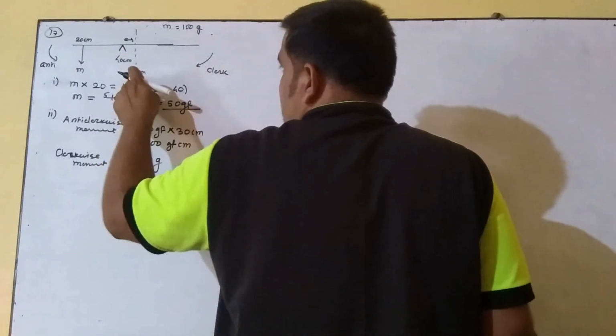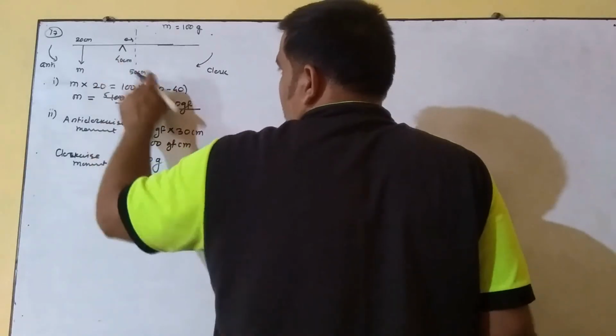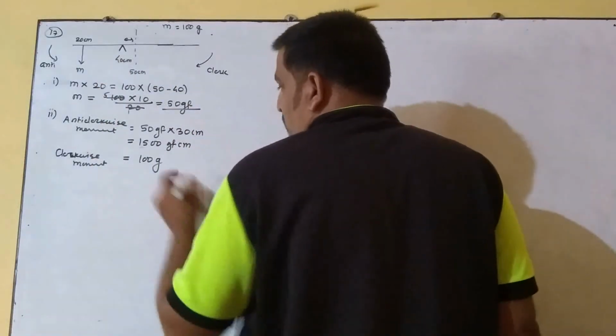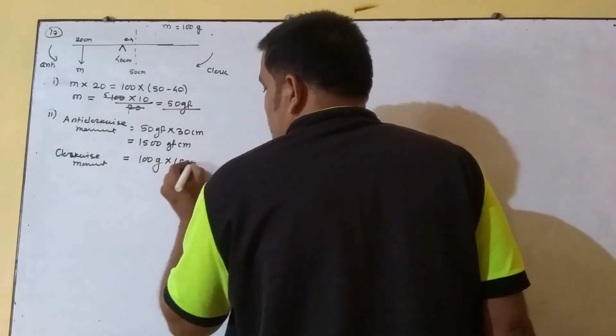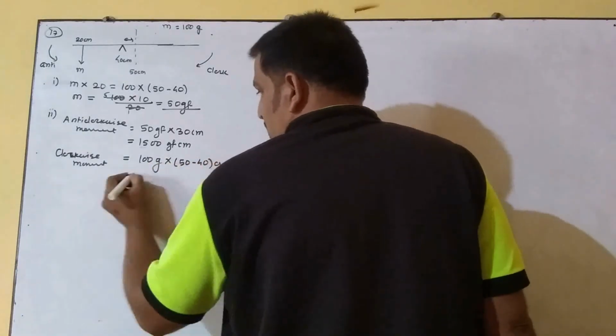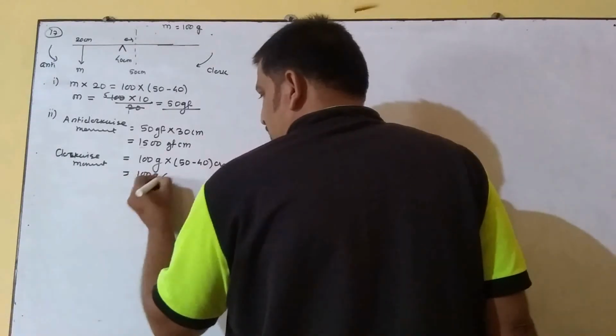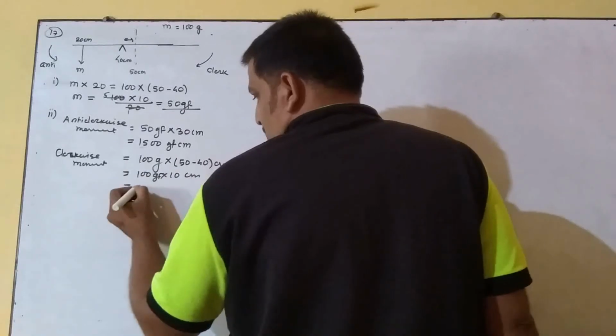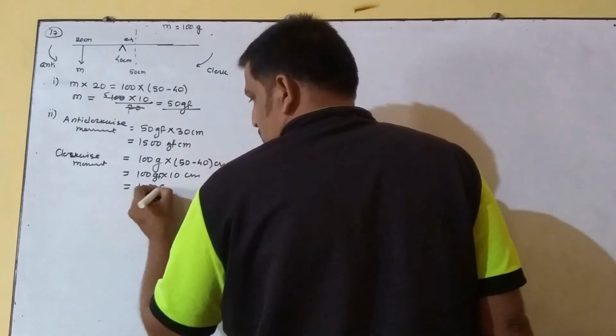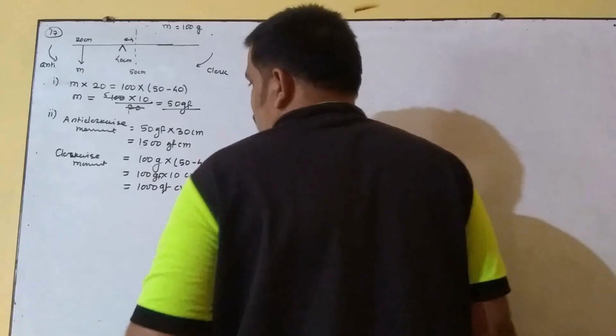So 100 gram is at 50 and the fulcrum is at 40. So 50 minus 40, we can say 10 centimeter. So I write here 50 minus 40, then you can easily understand. And you get 100 gram multiplied by 10 centimeter. So we get 1000 GF centimeter, right?